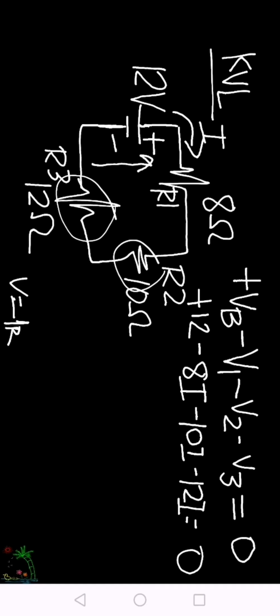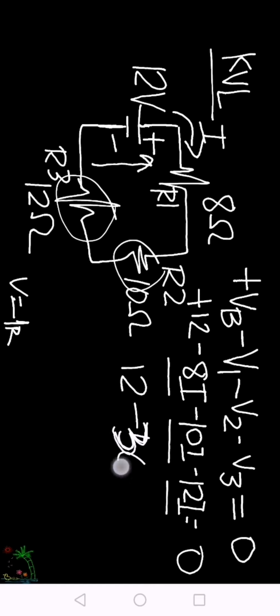And then we can add these like terms. So bring down 12, minus 8 plus negative 10 plus negative 12 is negative 30. This is negative 30I equals 0.